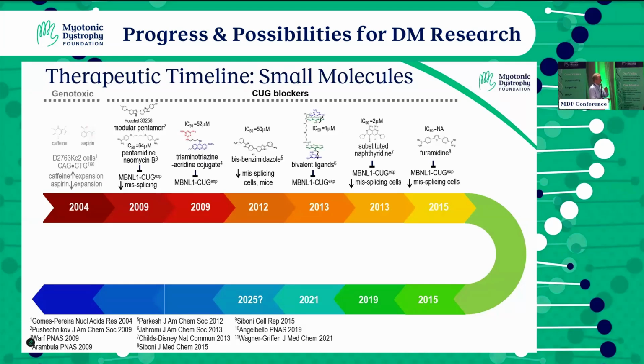So then we go into CUG blockers. You can see, I love chemical structures. Sorry, it's the chemist in me, so all these chemical structures are written up here. It started off with Hoechst dye, which has been known to be non-toxic and actually binds fairly well to CUG repeats. That's the 2009. That led into the discovery of pentamidine and neomycin B, which also bind those repeats.